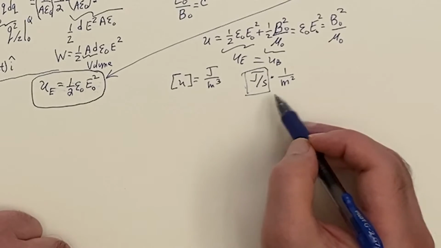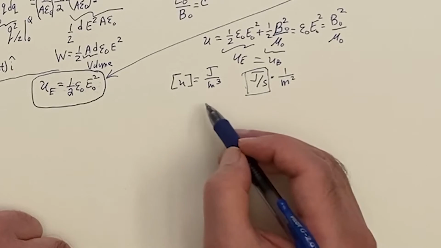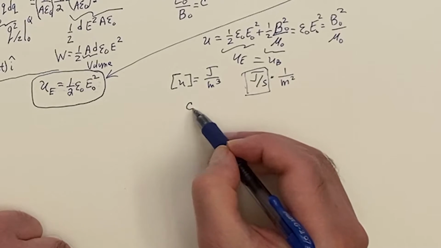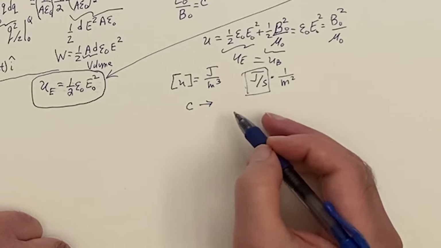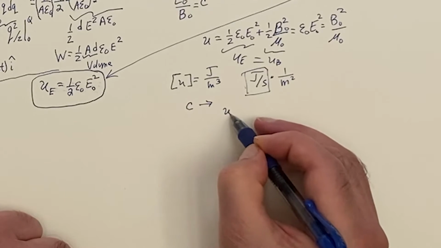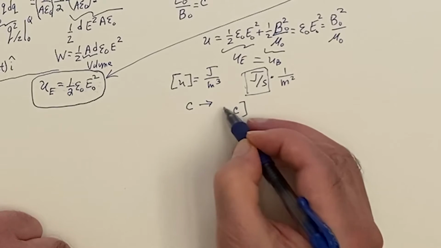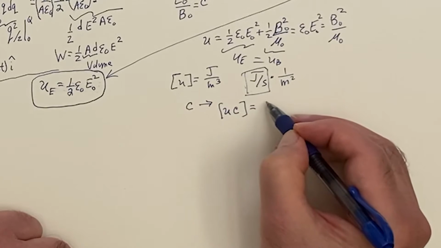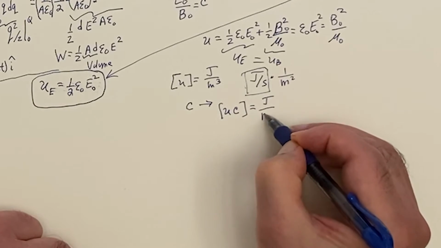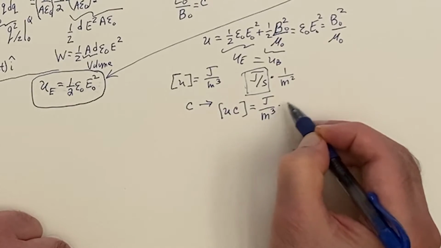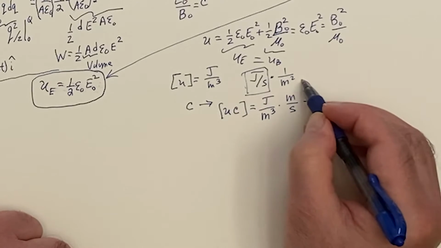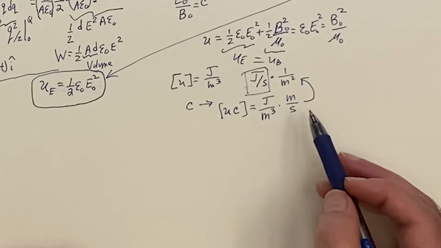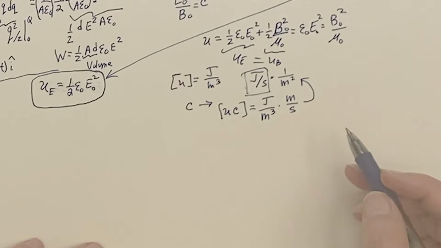Well, to get this, the speed of light comes to the rescue, because actually we're traveling at the speed of light, so that would be perfect for us. And if you take then U times C, the dimensions there would be joules per cubic meter times meters per second, and that will get you precisely what you want, which is your intensity.